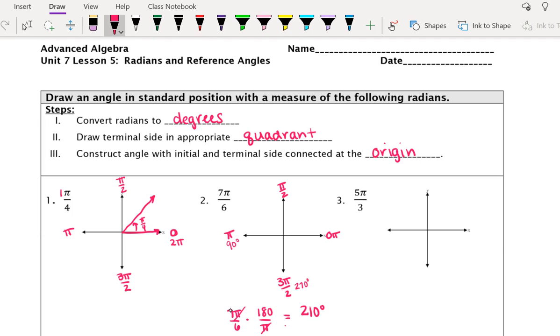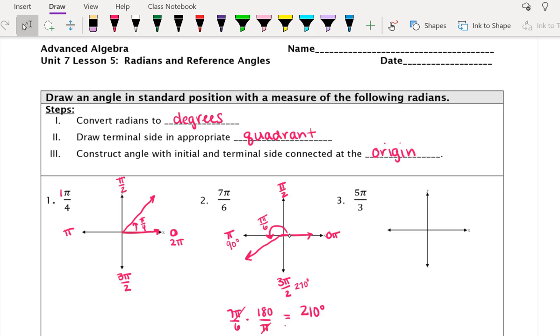So we're closer to 270. We're going to draw our terminal side in quadrant 3, and this would be our rotation of 210 degrees, or 7 pi over 6 radians.